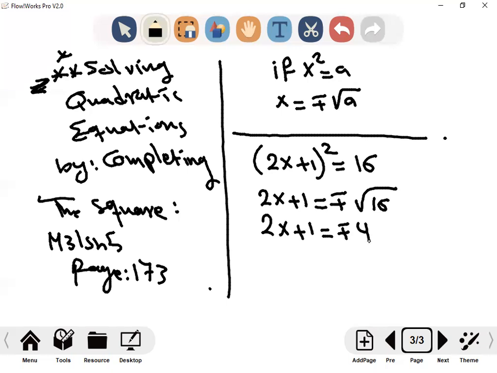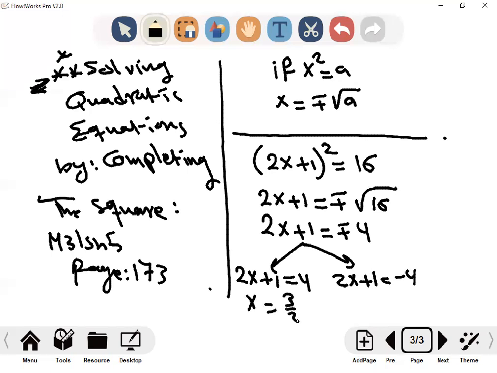So here you have two-sided solutions. First solution equals 4, second solution equals negative 4. Remember the absolute value equation? So 2x plus 1 equals 4, and 2x plus 1 equals negative 4. Here x will be 3 over 2, and here x will be negative 5 over 2.